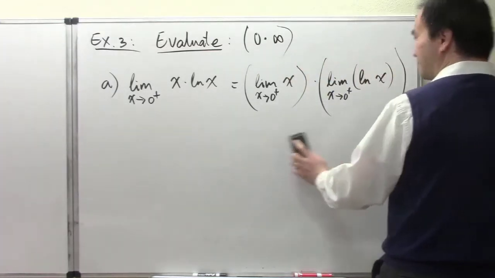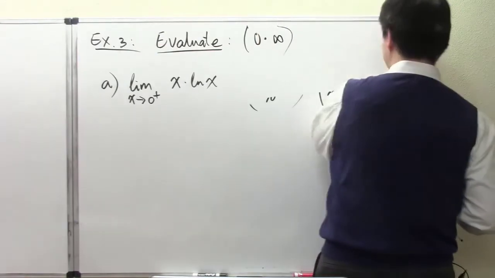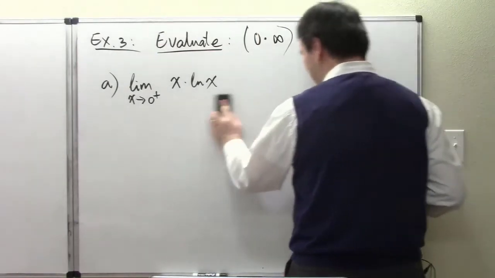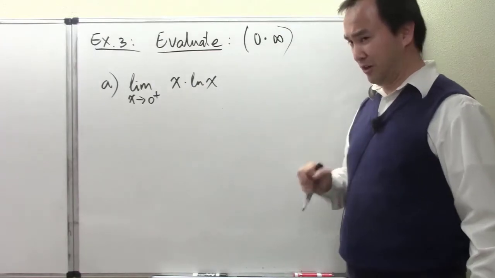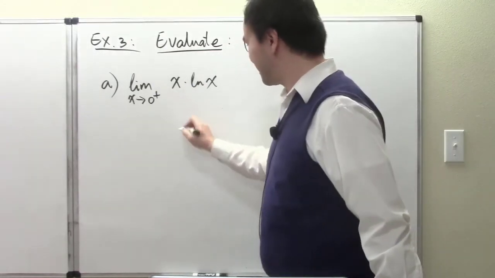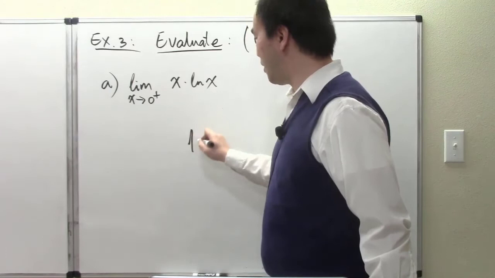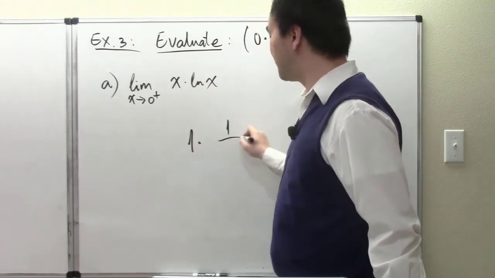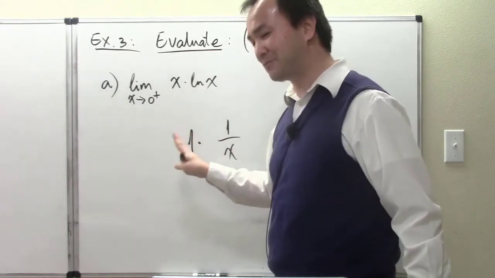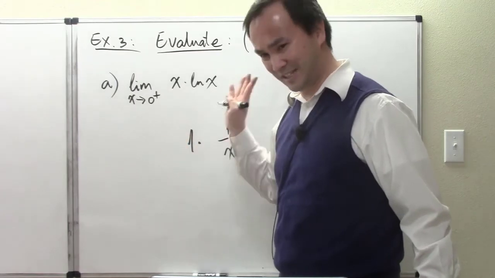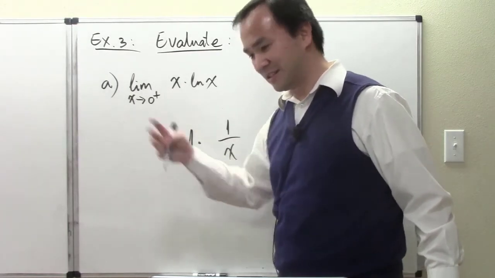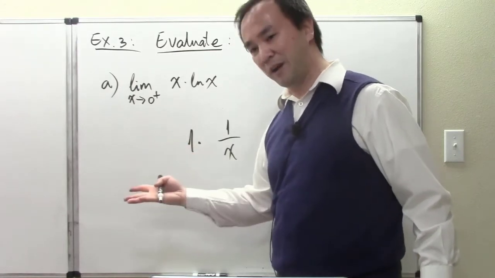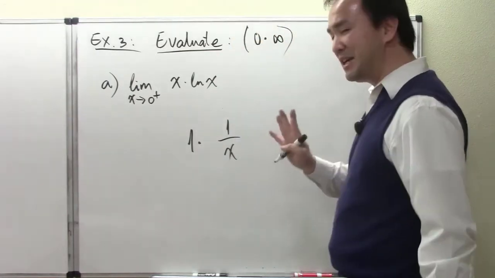Now, for this particular problem, here's how we can find the limit. Like I said again, L'Hopital's rule does not apply immediately, meaning don't do this: take the derivative of x, which gives me 1, take the derivative of the natural log, which gives me 1 over x. It might come out looking correct, but it's not the way. Maybe it works for this problem, but generally it won't work for other problems of this kind, so be careful.